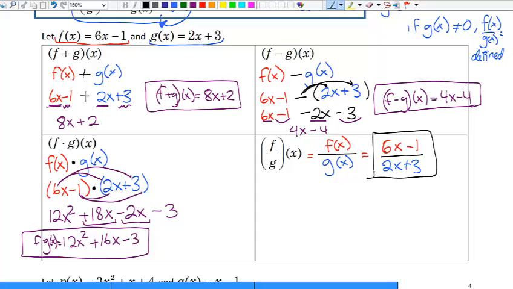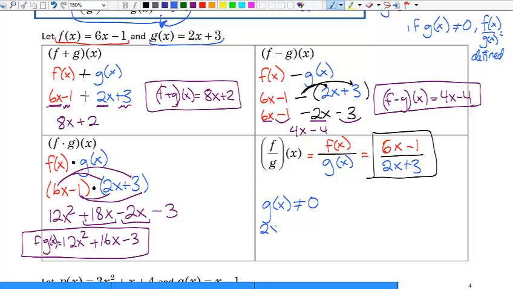So this one is like one of the easiest ones, except we have that stipulation where we need to make sure that whoever's reading my work here knows that g of x is not allowed to be 0. So f divided by g of x is defined as 6x minus 1 over 2x plus 3 as long as g of x is not equal to 0.